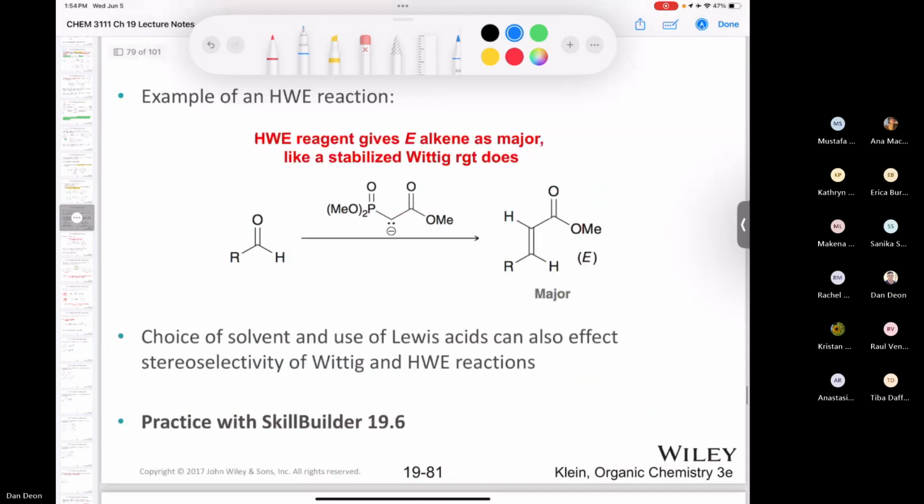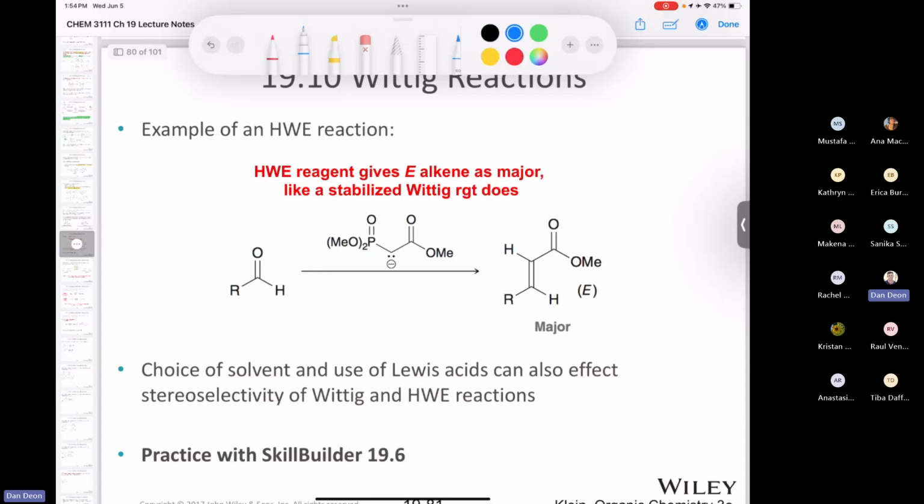So here's the Horner-Wadsworth-Emmons here. If you're wondering, how do I draw this product without drawing the mechanism? Let me show you my shortcut. Here's what you're going to do. You're going to take this aldehyde and redraw it. Then you're going to erase the oxygen like that.